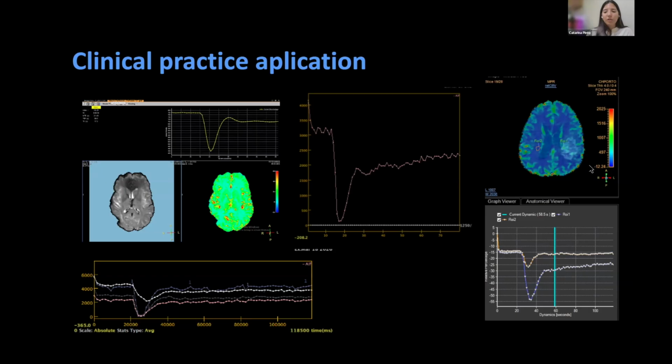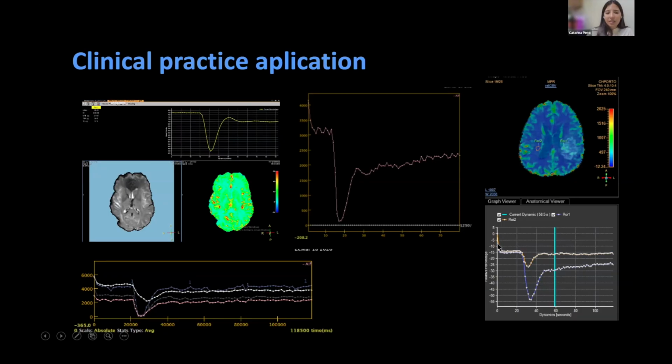Also, it's really important to compare the normal side with the side with tumor. Here we have two ROIs, showing the normal white matter, and we can see that in this case the recovery of the signal is almost total, and here on the tumor the recovery of the signal is about 2/3 of the signal.